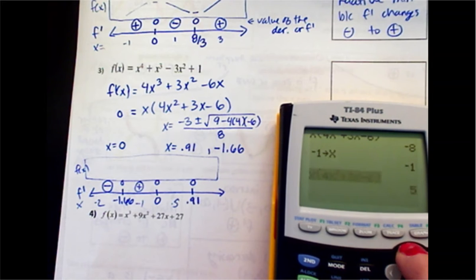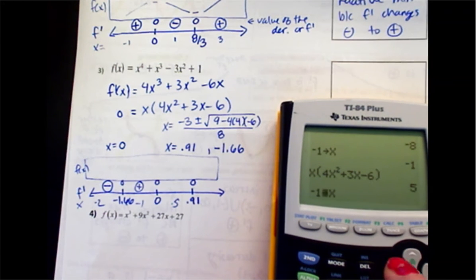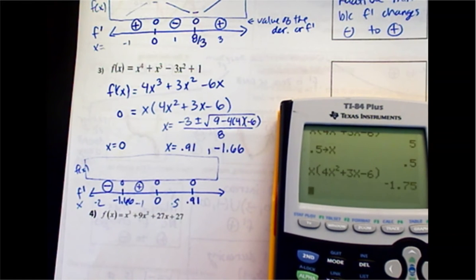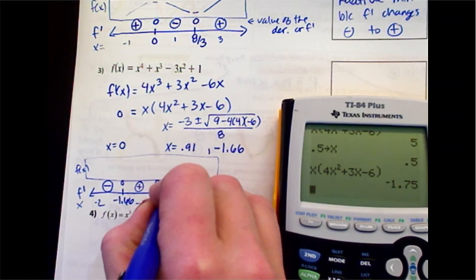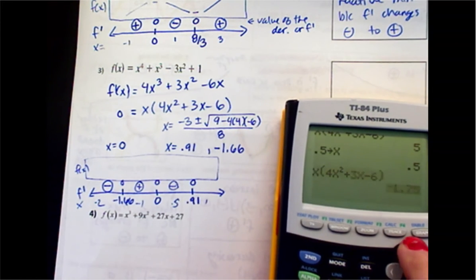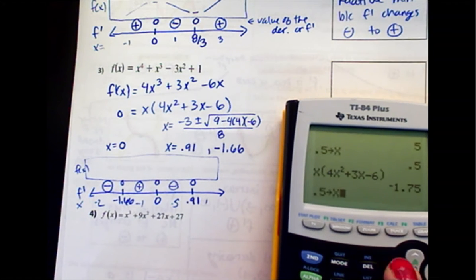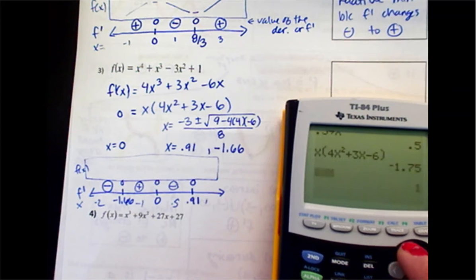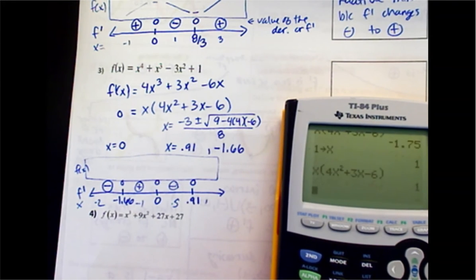So let's do this. 0.5, negative. Okay, and this I could try 1. 1's not so bad to evaluate, but we'll do this anyways. Okay, 1.